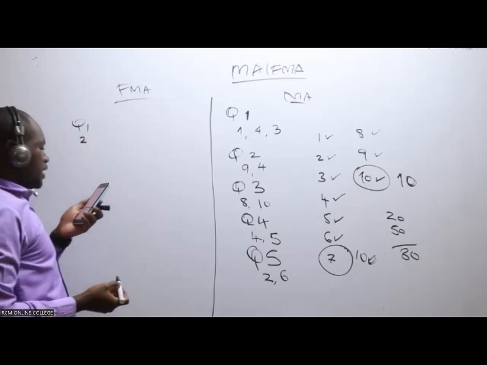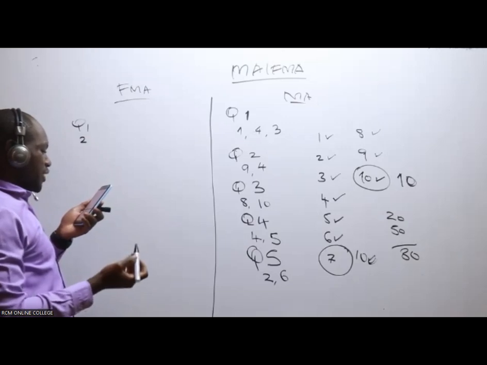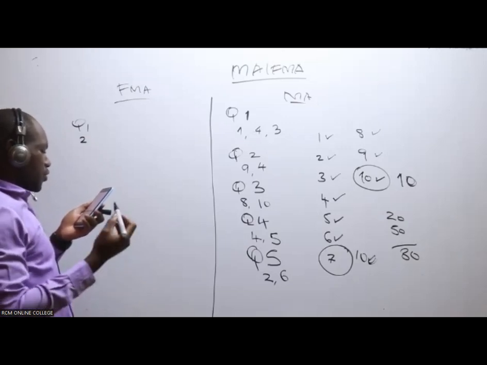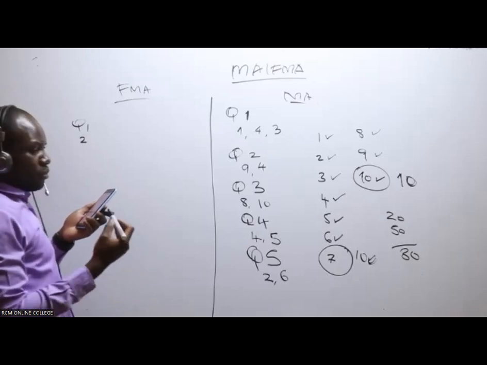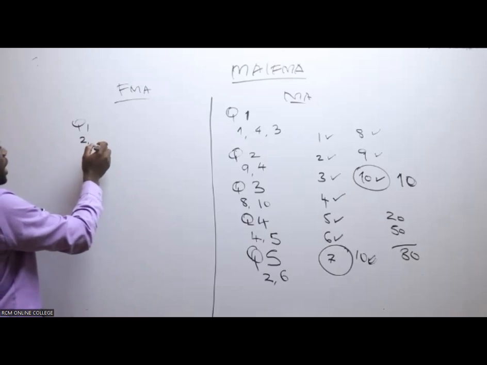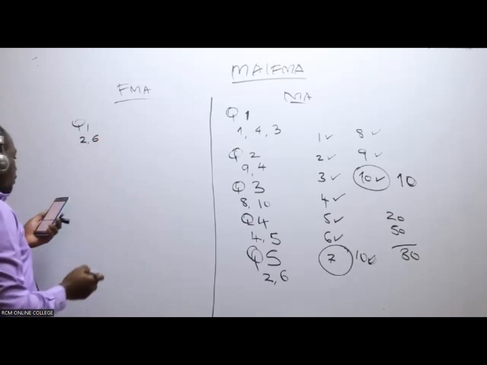Then part B, we have process 1, process 2, the percentage of normal loss. What do they want you to prepare? Process 1 account, process 2, process 3 account. Again, topic number 6.